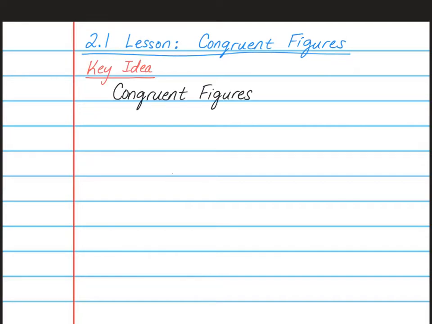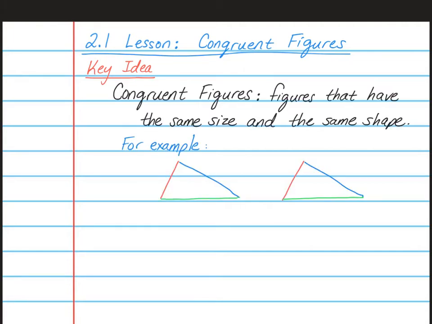So the biggest key idea for this section is congruent figures. Congruent figures are figures that have the same size and the same shape. For example, if I had these two triangles written here, and the triangle on the left was triangle ABC, that's the name of those angles, and the triangle on the right was DEF, and I told you that these two triangles are congruent.